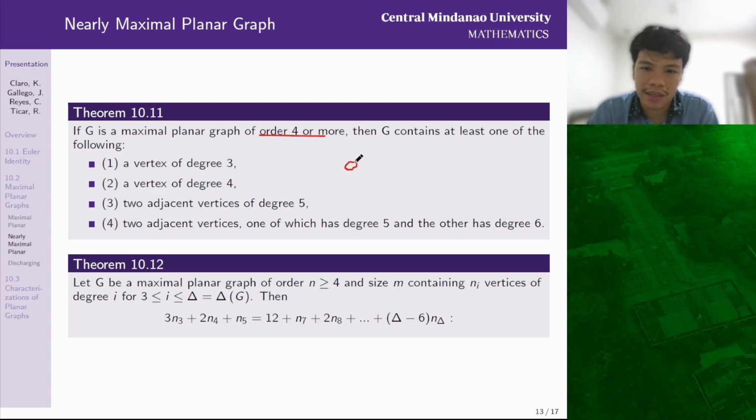So naay duha ka vertices, no? Ang degree daw ani kay 5 and also for the other one 5. And then kani siya two adjacent vertices, one of which has degree 5 and the other has degree 6, no? So ana pa siya diri kung ato ang maximal planar graph kay na siya order 4 or more, mag-contain siya at least 1 na gani, no? So dapat naay isa nga mo satisfy diri, no? At least 1 lang gyud.